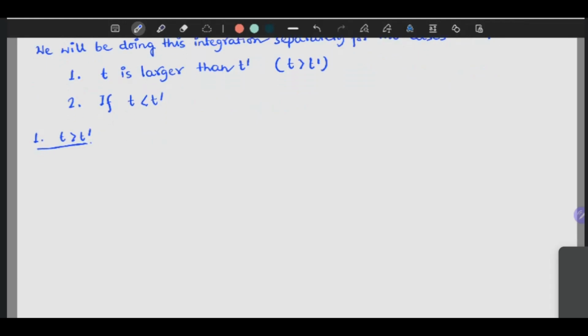Now if t is greater than t', then our calculation becomes 1 by m squared, integral from minus infinity to t dt1.